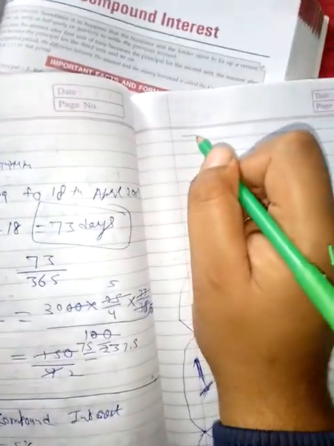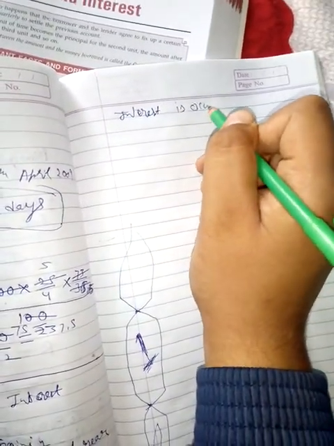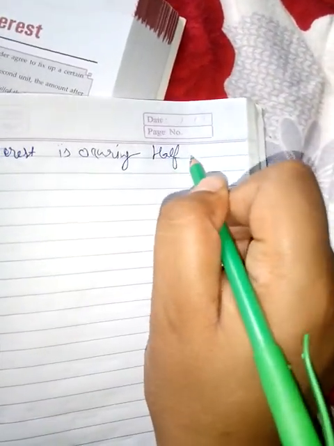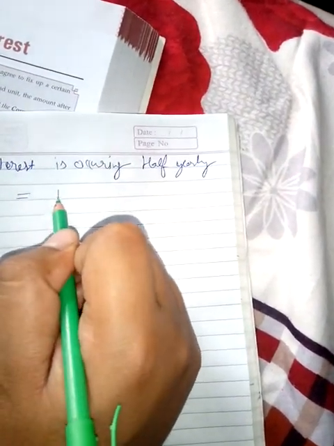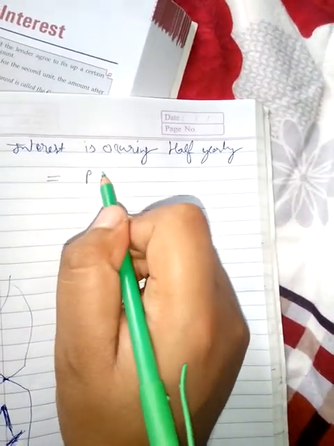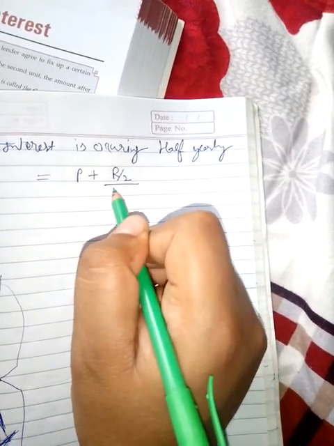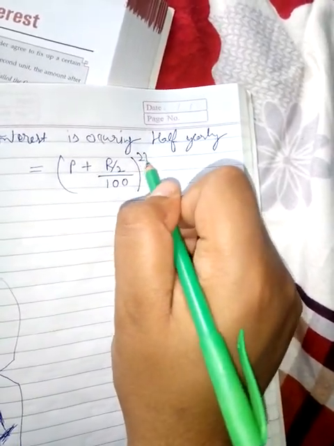And when the interest is occurring half yearly, then we have principal times 1 plus interest rate divided by 2 divided by 100, to the power 2n.